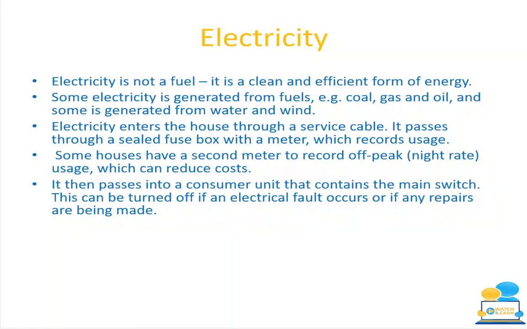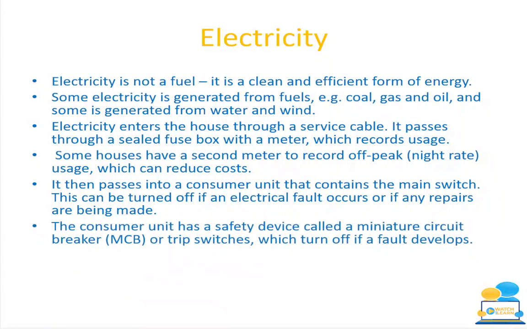It then passes into a consumer unit that contains the main switch, okay? This can be turned off if there is an electrical fault or if any repairs are being made. Sometimes the safety device, which is called an MCB or miniature circuit breaker, will trip.